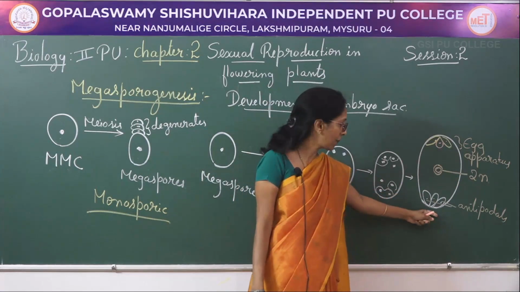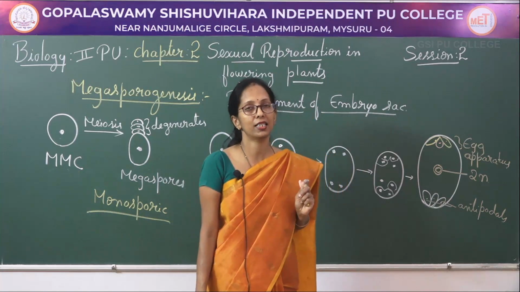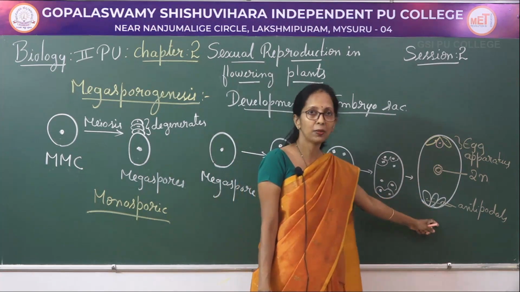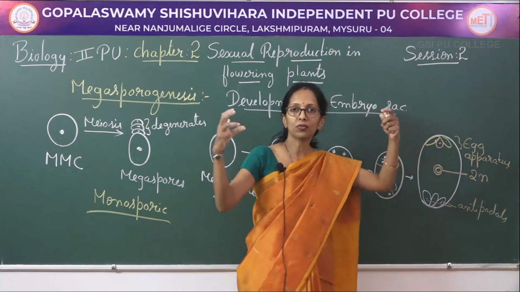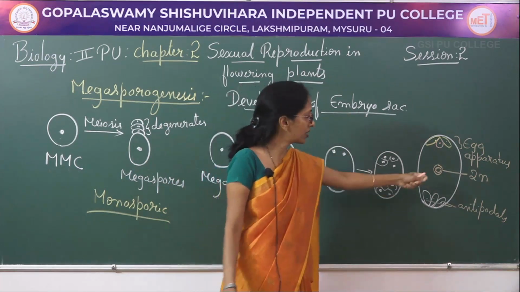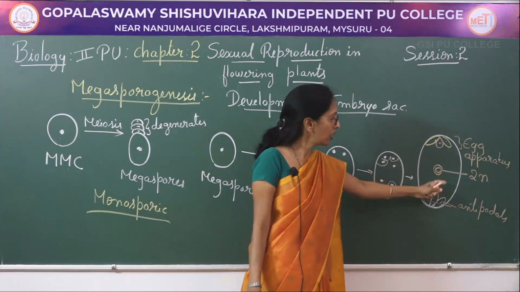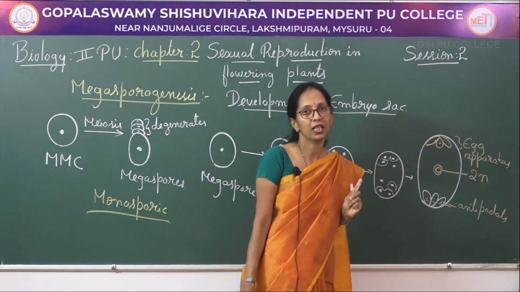Towards the chalaza there is a group of 3 cells, which are said to be antipodals, and from the polar side, the 2 nuclei come in the center and fuse to form the secondary nucleus, which is diploid in nature.